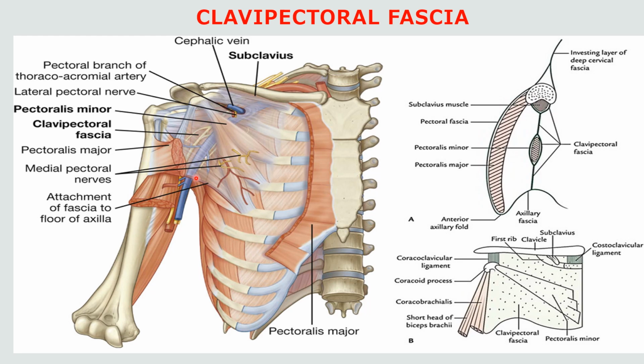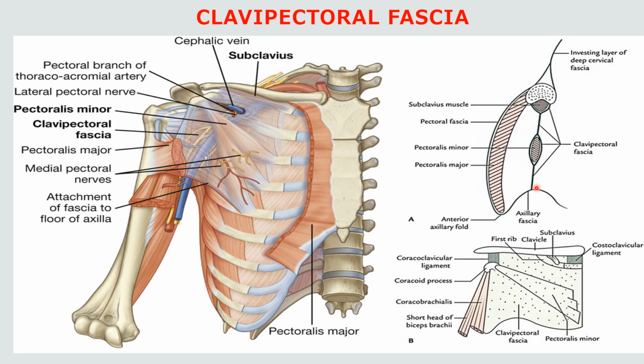It encloses the subclavius muscle, as you can see in this diagram, and also the pectoralis minor muscle, and it spans the gaps between them.